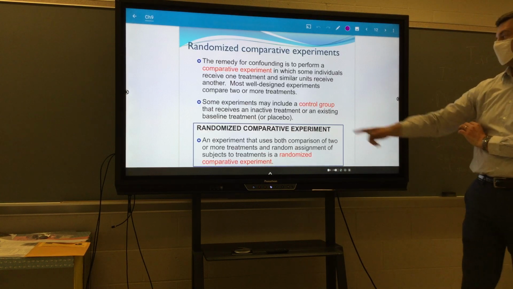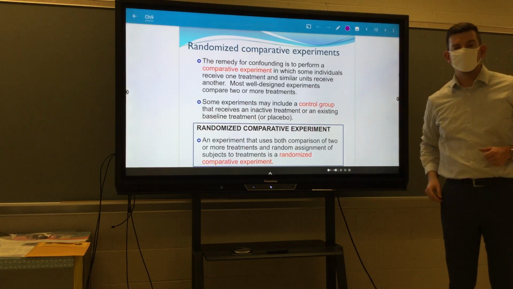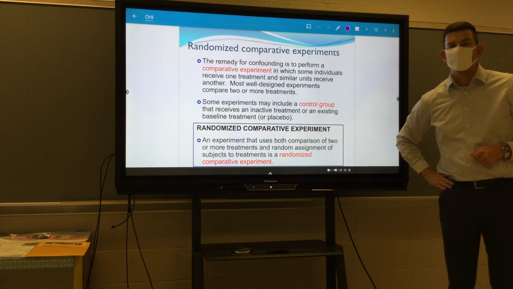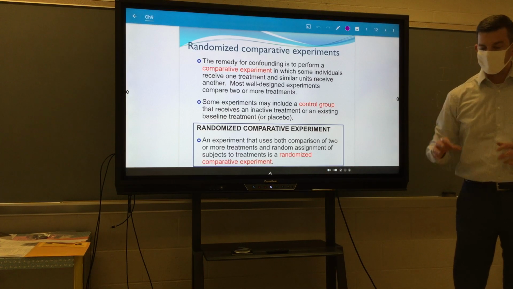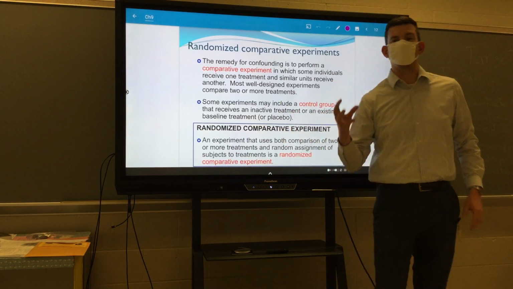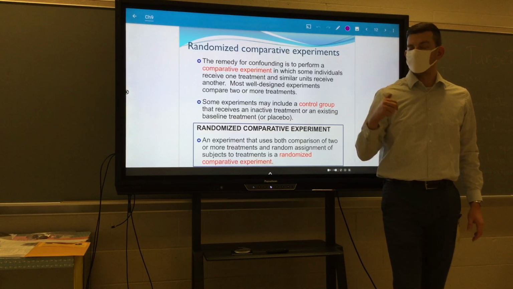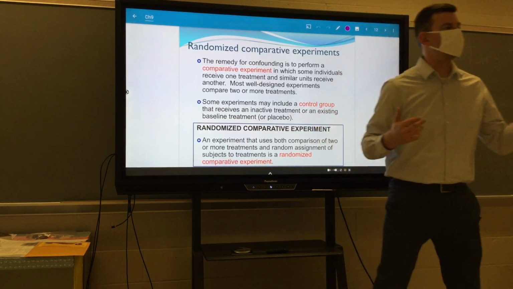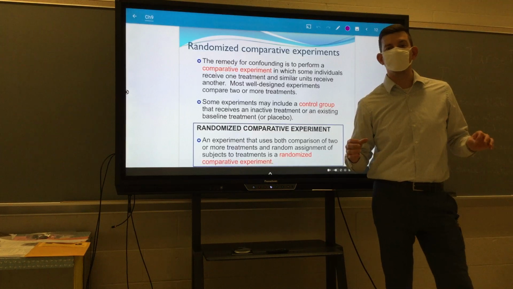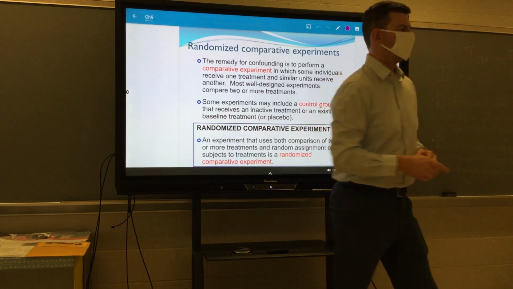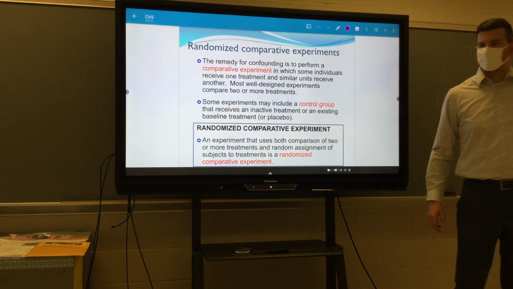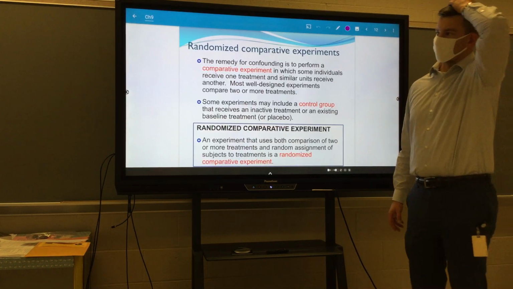Now, some experiments may include a control group. Connor had brought this up. Okay? If we're trying to show how good the results are for this one group, well, how good is it? We need something to compare it to. That is the control group. And we don't want to compare it to the past or to what has historically happened.